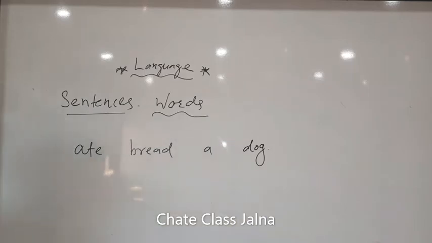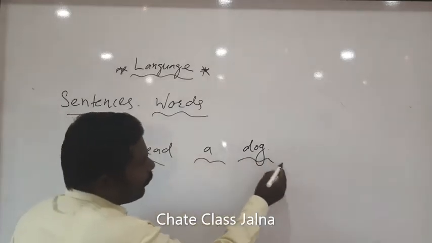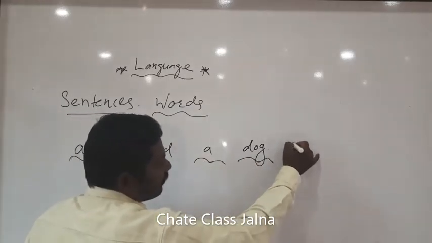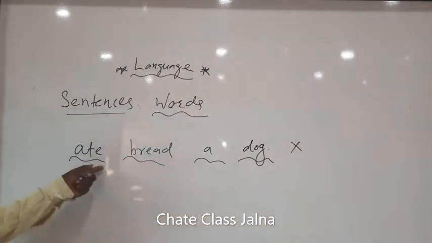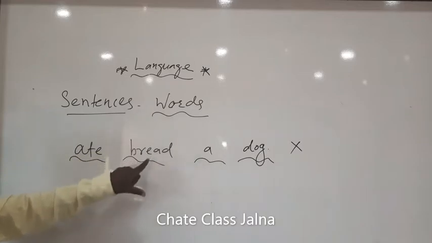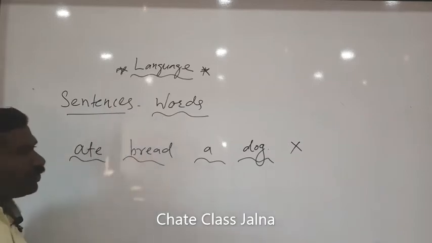If generally we say that sentences are a group of words, these are also words, but even though we cannot define those as a sentence here, just like the definition of the words we have seen, it is not giving us the complete sense or the meaning. In that way, it's not a sentence. Then what to do for that?